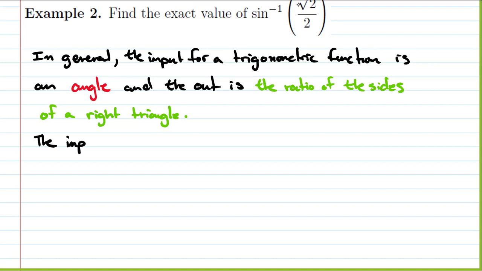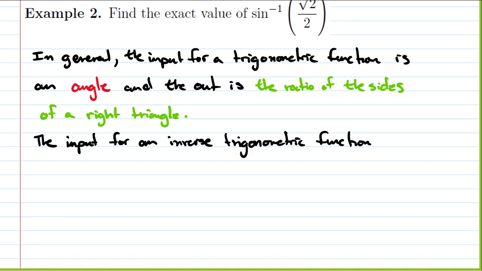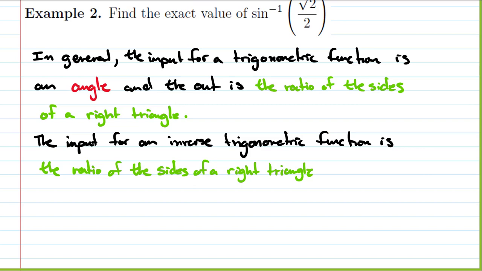So for the inverse trigonometric functions, the input for an inverse trig function is the ratios of the sides of a right triangle, and the range, or the output, is an angle.